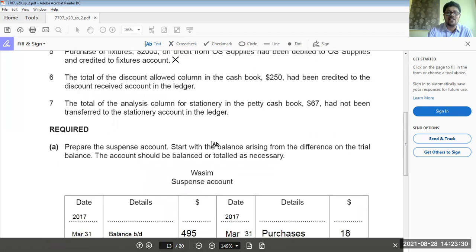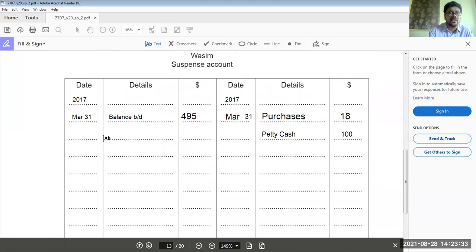Okay. Discount allowed has not yet been debited. So what we have to do, we have to debit discount allowed.